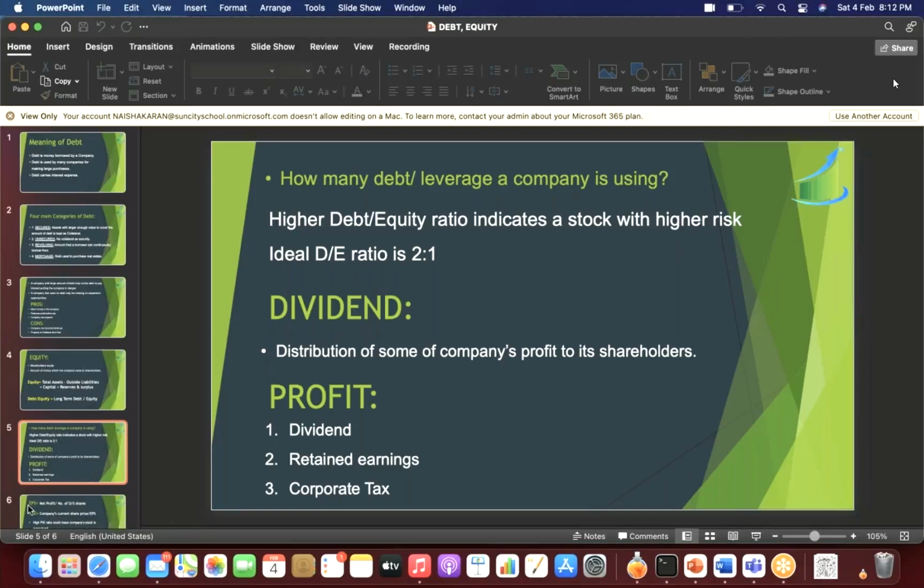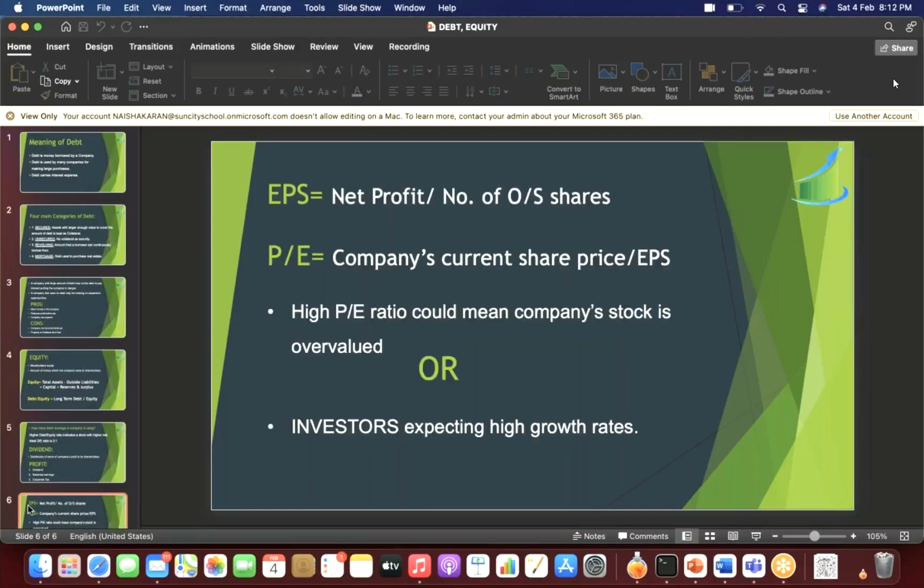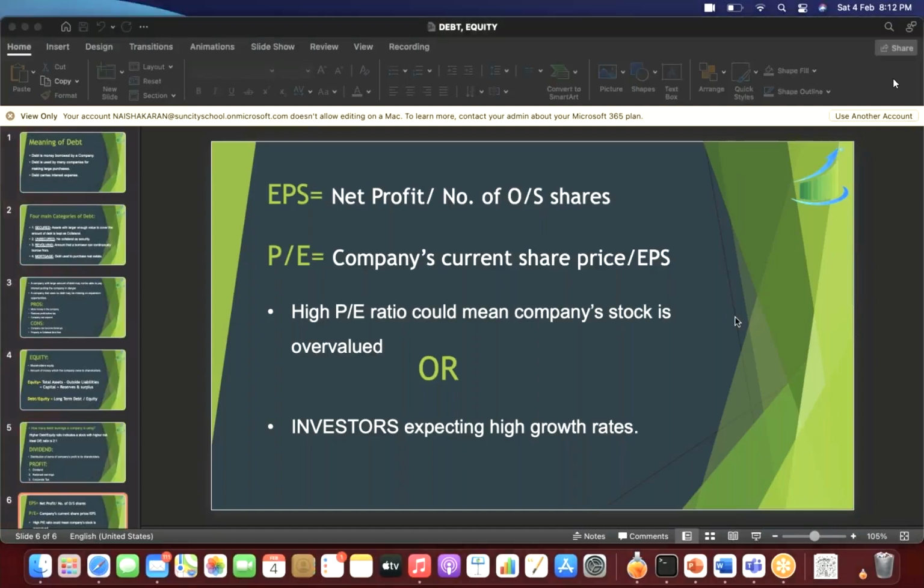So these three things is what I wanted to tell you. The next is EPS, earning per share. Earning per share is net profit divided by the total outstanding shares.